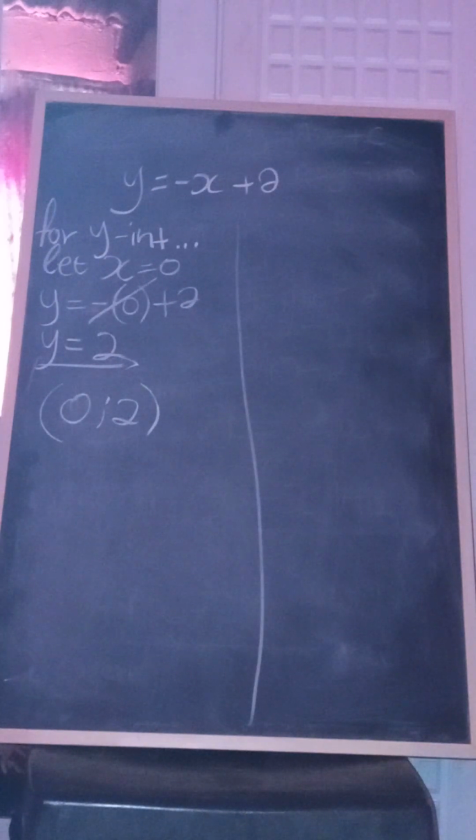Then they said we should interpret and find the equation of the linear line. So now we are checking if our answer is correct or not by interpreting this in x and y intercept.